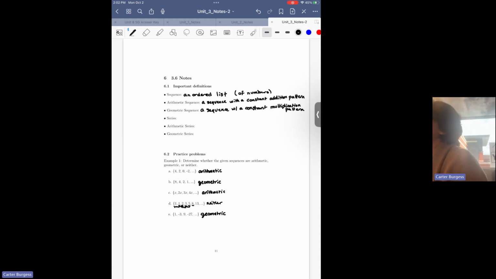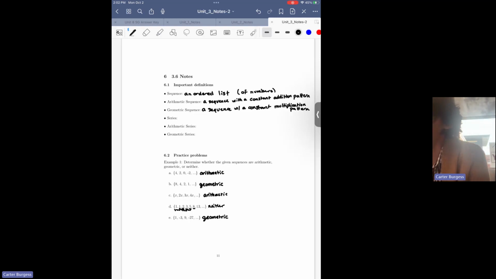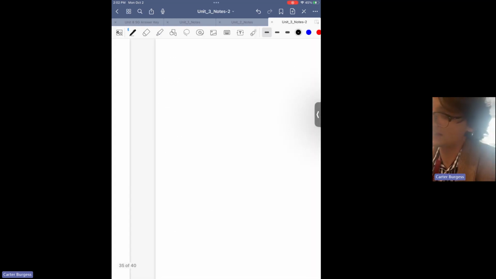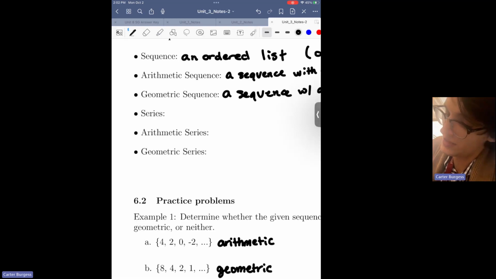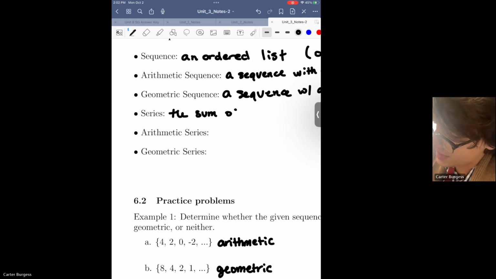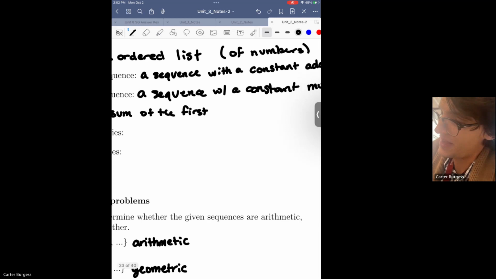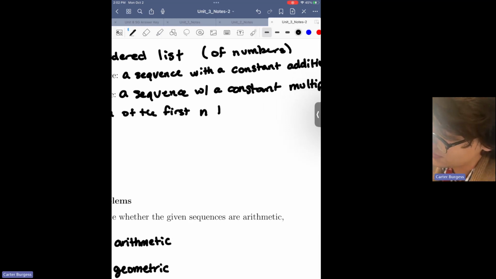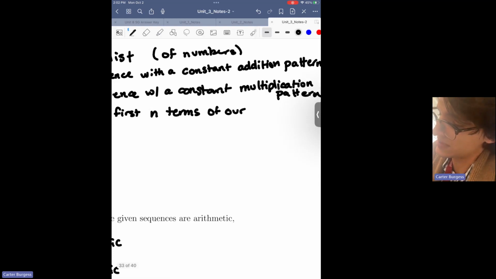The series is going to be, generally speaking, you see this as like a partial sum, but we are going to define the series as just the sum of the first n terms of our sequence.